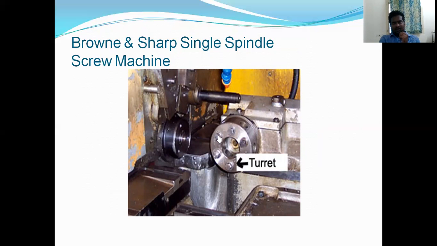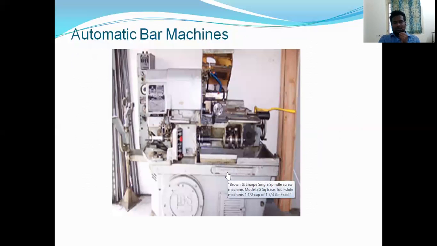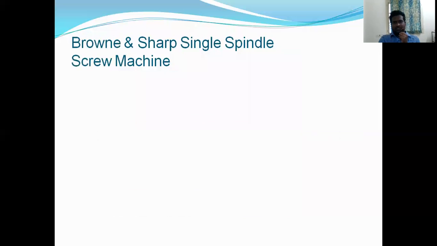So this is the turret. Count them: 1, 2, 3, 4, 5, 6. So it is a hexagonal turret type, and in the hexagonal turret we have fixed 6 tools. This is the automatic bar machine.